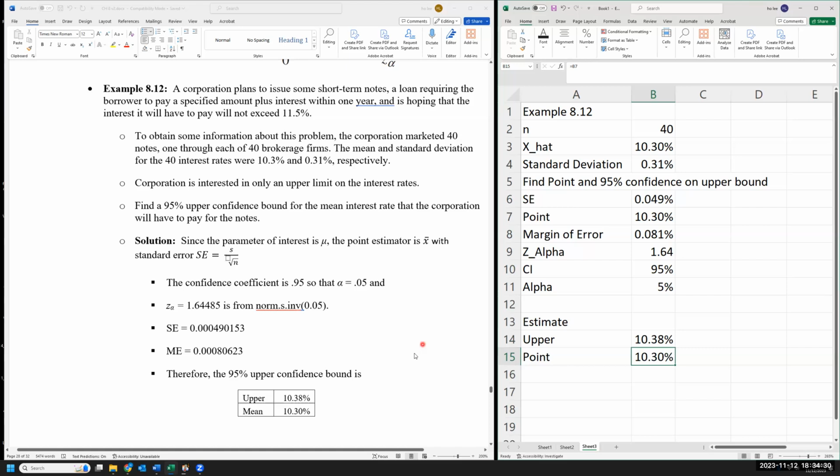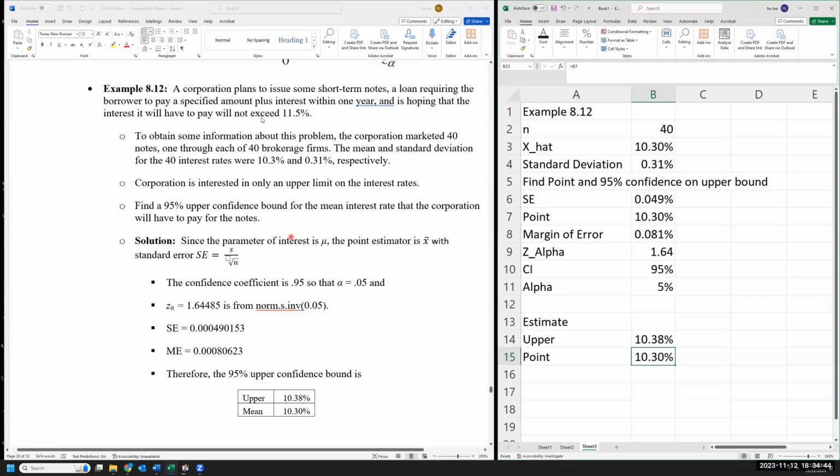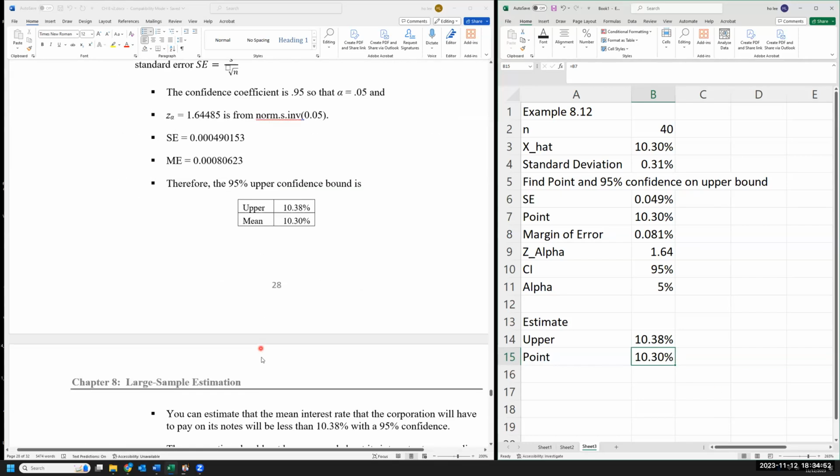So with 95% confidence, we're pretty sure that the interest rate that this corporation will get will not exceed 11.5. It's going to get up to 10.38 only. That's 95% confidence.